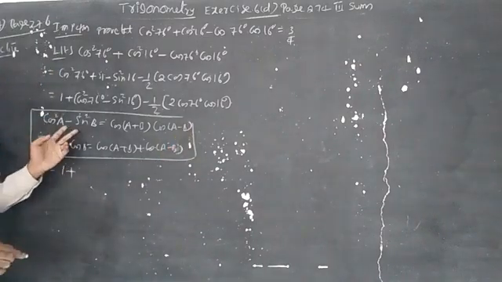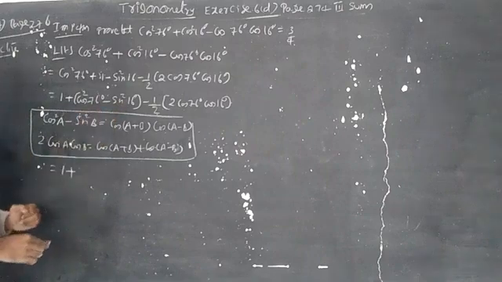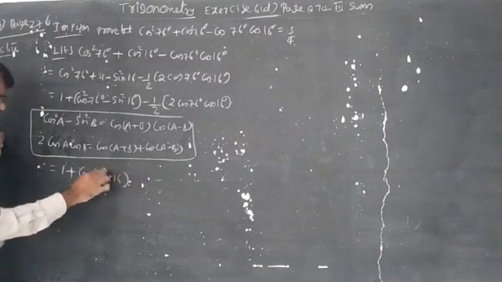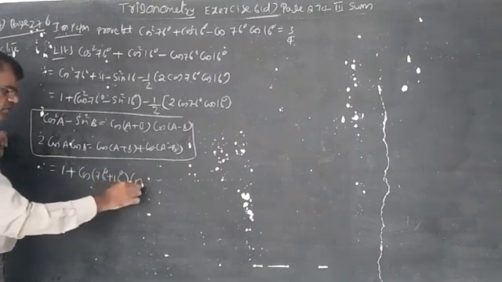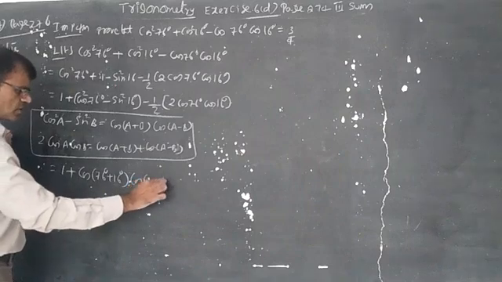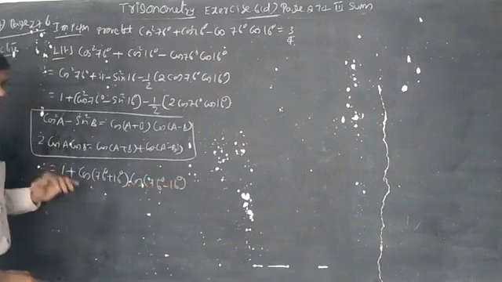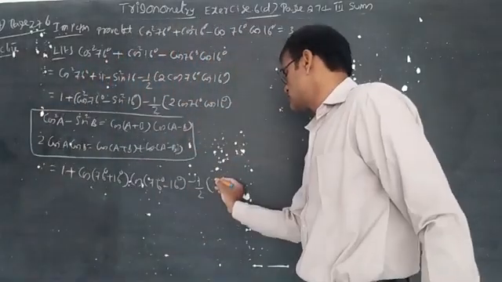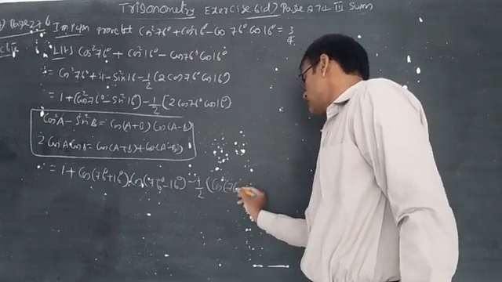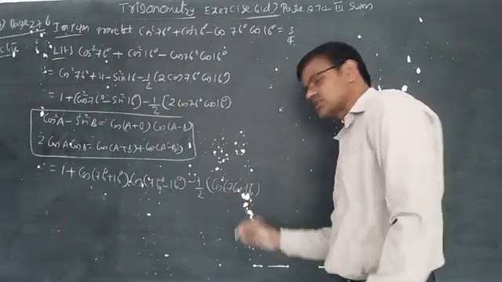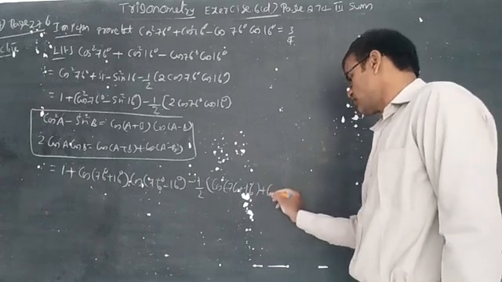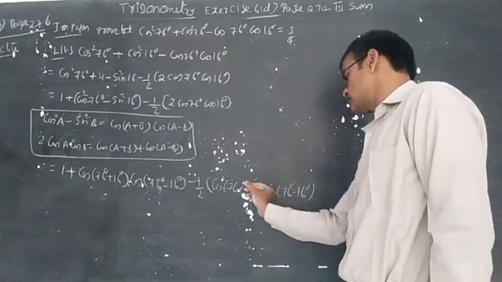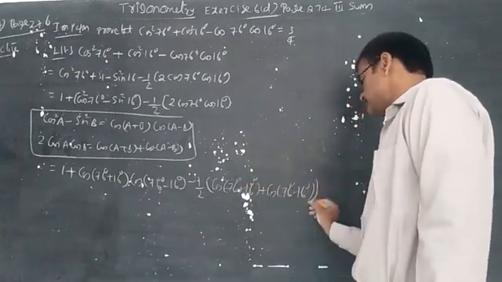That is equal to 1 plus, now this is the form cos square A minus sin square B, so write like this: cos of (A plus B) into cos of (A minus B). Cos of (76 plus 16) degrees into cos of (76 minus 16) degrees, minus 1 by 2 into, this is the 2 cos A cos B concept: cos of (76 plus 16) plus cos of (76 minus 16) degrees, of course these are degrees.